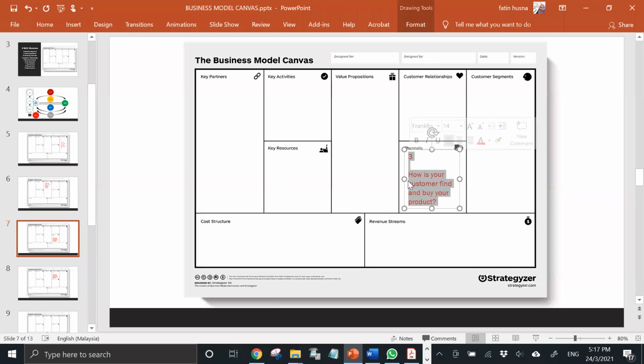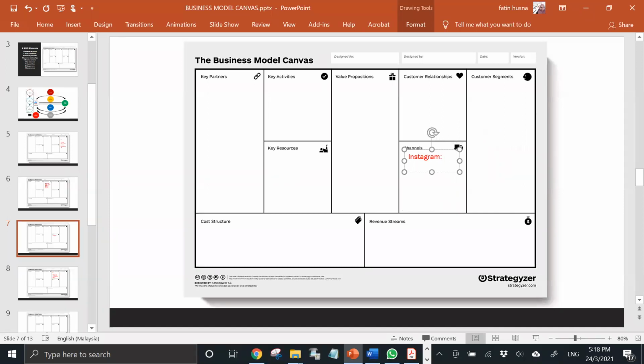So within channels, you must talk about social media. Of course, you have Instagram. Okay, maybe you are using other things, for example, WhatsApp, or maybe you are using e-commerce, Shopee, or maybe Foodpanda or Grab. You can actually put there, but the way you put it like this, for example, Instagram.